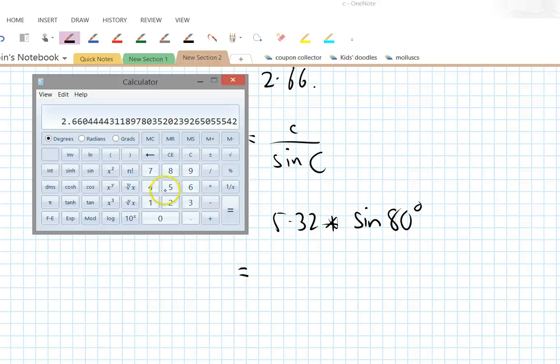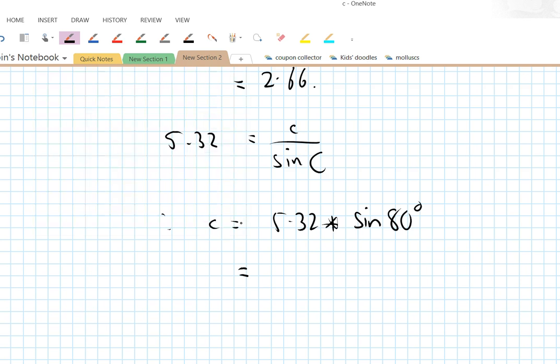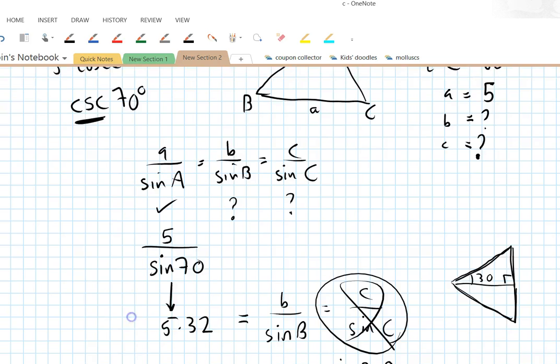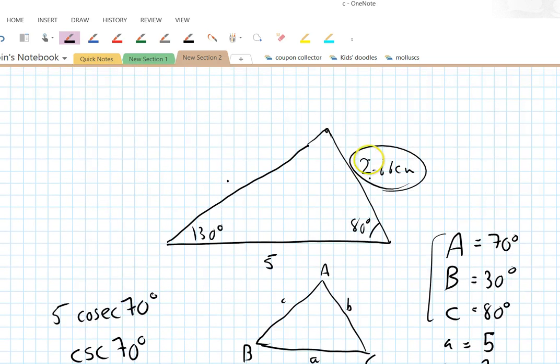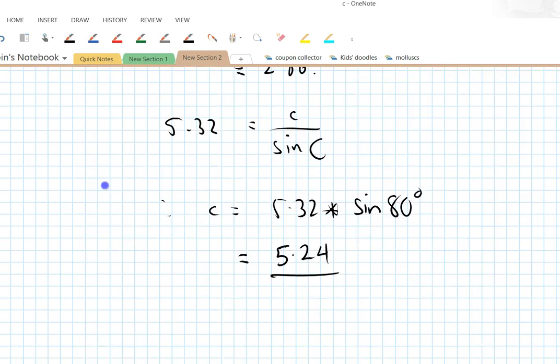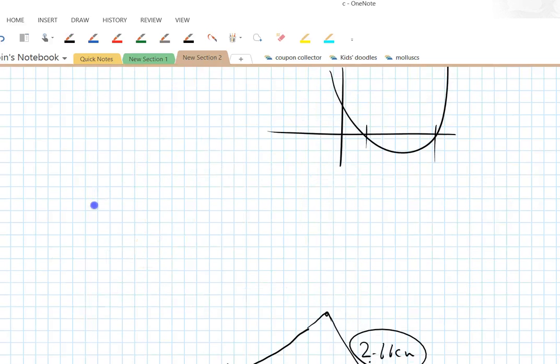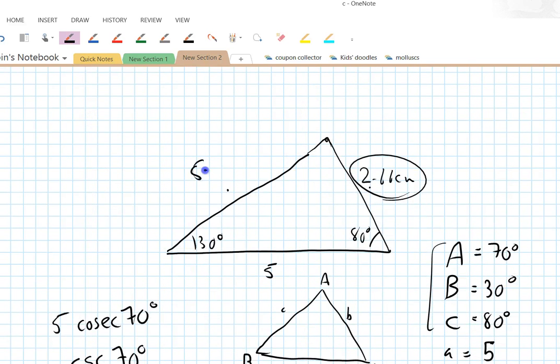There we go. 5.32 times sine 80 equals 5.24, and that's the other side. So that one was 2.66, and this one was 5.24. Job done. Right, save that and stop.